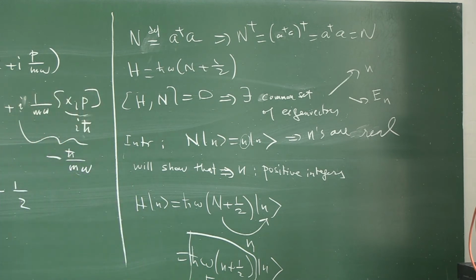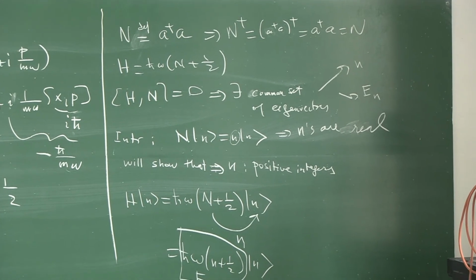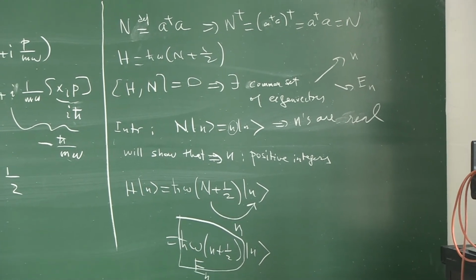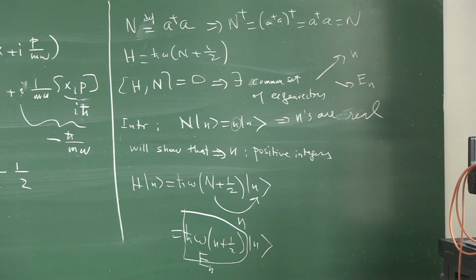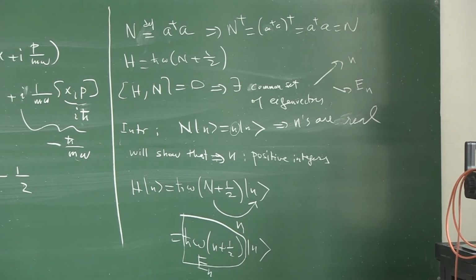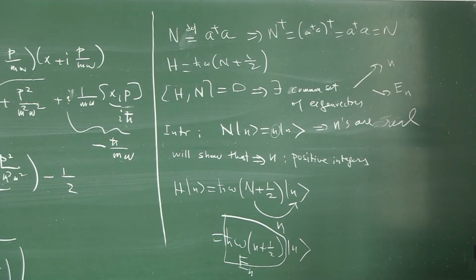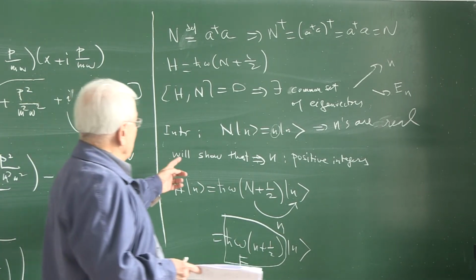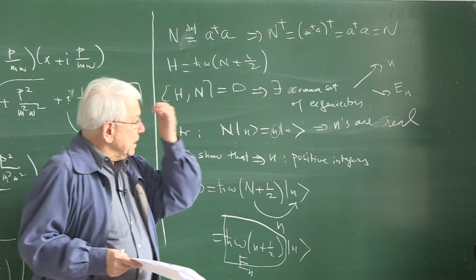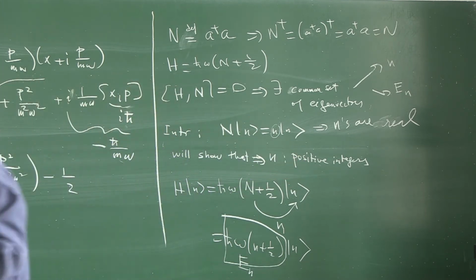Omega is the number related to the spring constant of the harmonic oscillator, right? That we know. Now we will set ourselves the task of demonstrating this important fact that n's are positive integers. We'll show that, and we said n are positive integers. Let's demonstrate that.